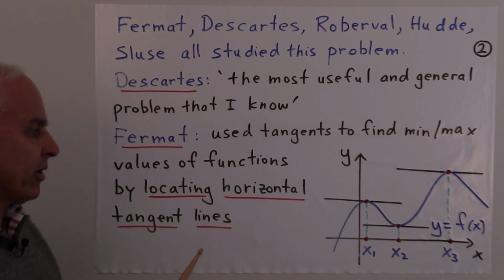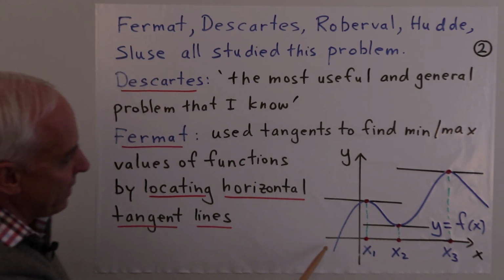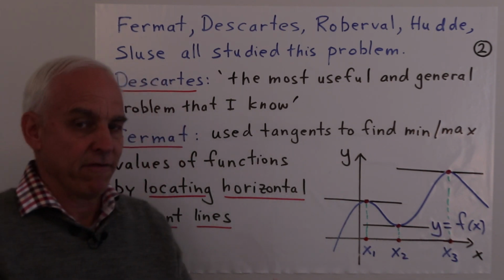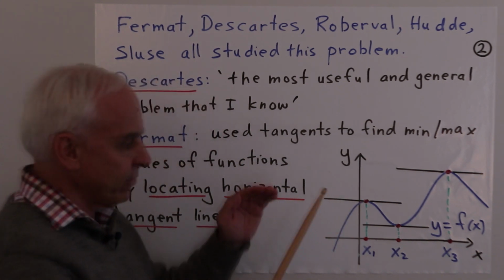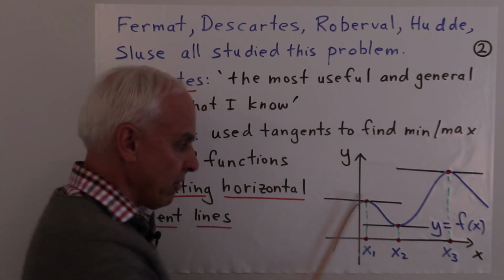Or actually, perhaps local maximum and local minimum might be a little bit more accurate. So here we have what we informally might call a function, traditionally y equals f of x. And we see that at this point here, at the point x1, it's reaching a local maximum. It's bigger at x1 than it is at nearby points.